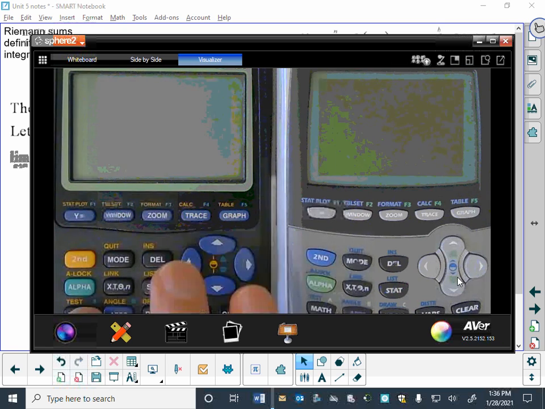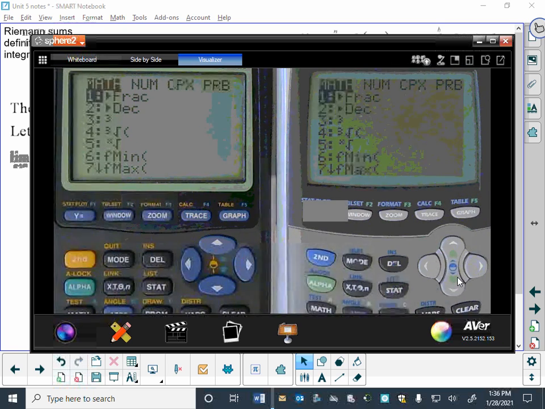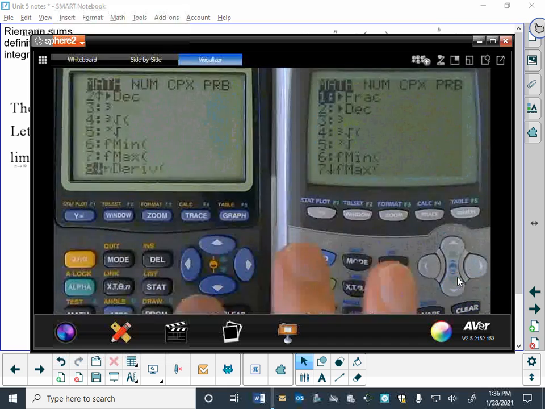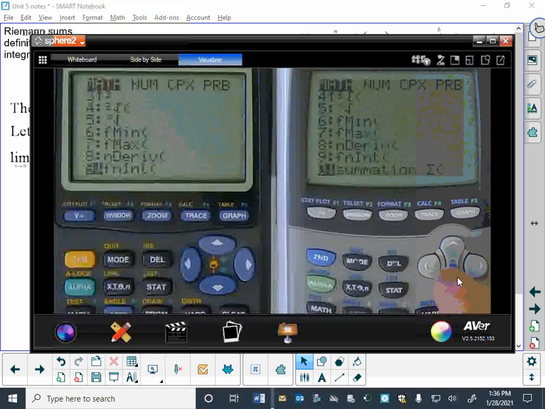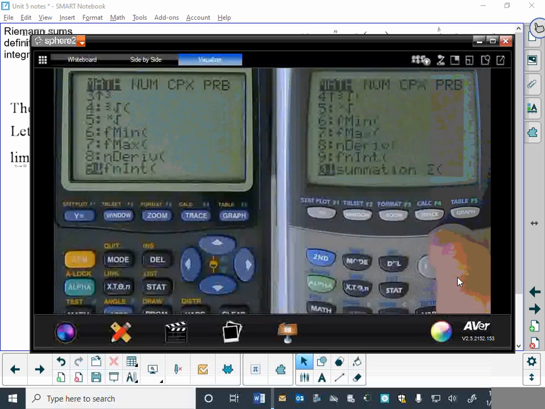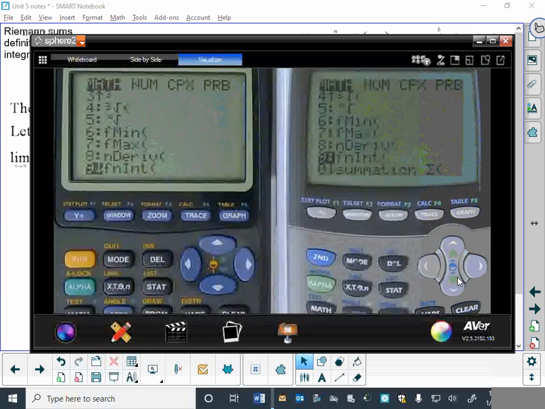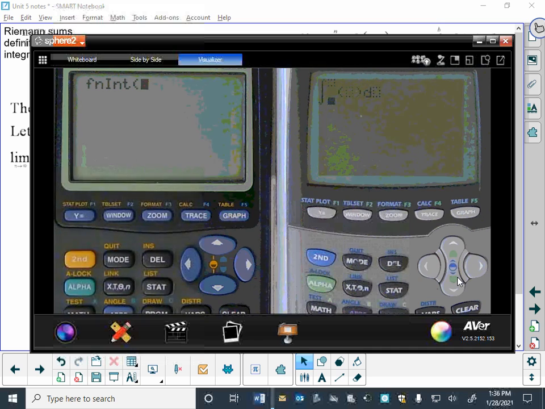The place that we find this is in the math menu. Okay, and if you scroll down in the math menu at option number 9, you see this thing that says FN int. Okay, that is the numerical integral of that. That's what we're trying to do.